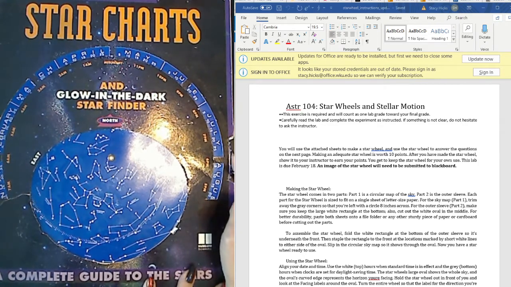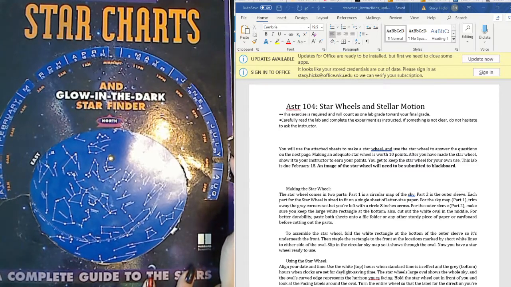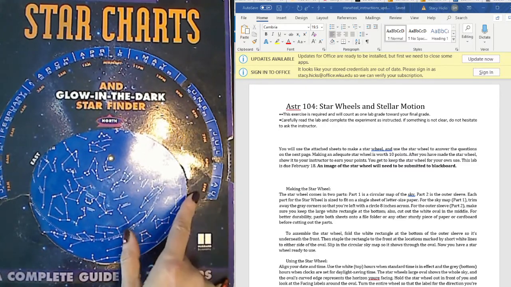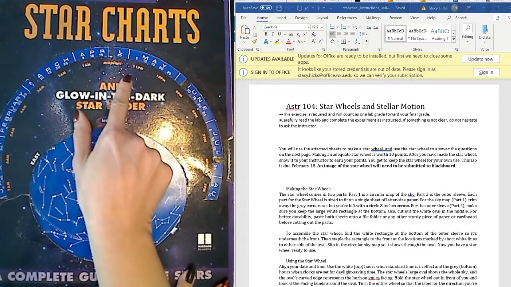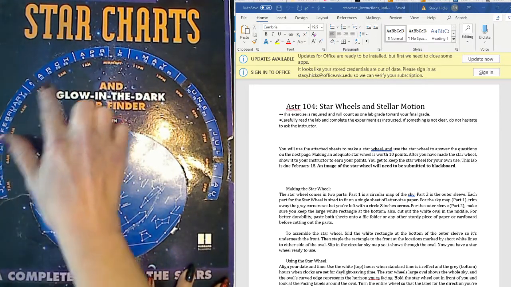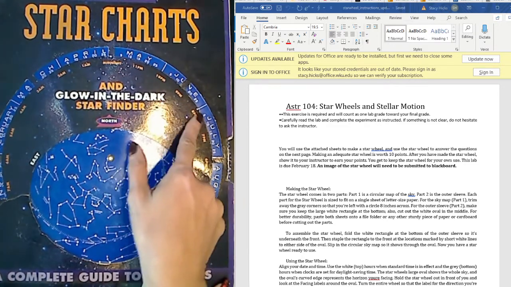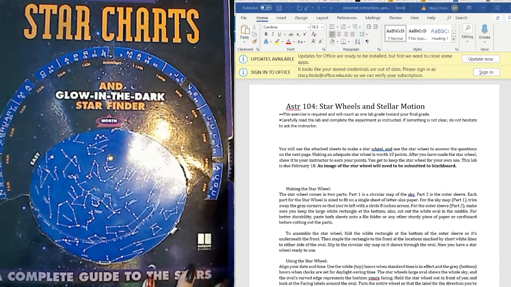But a star wheel consists of a wheel that you can turn, right? And you'll see dates along this outer axis, along with times.